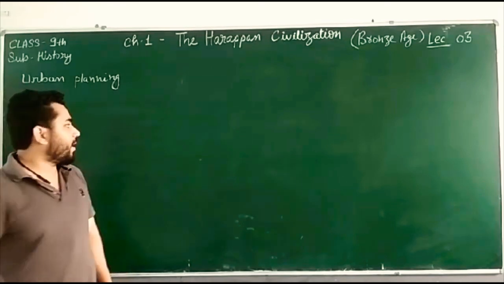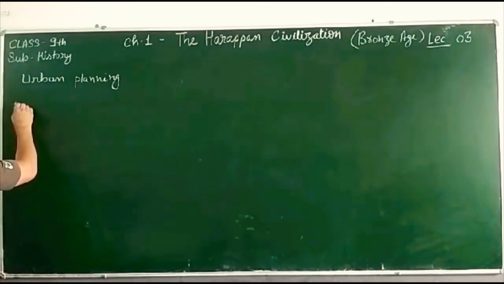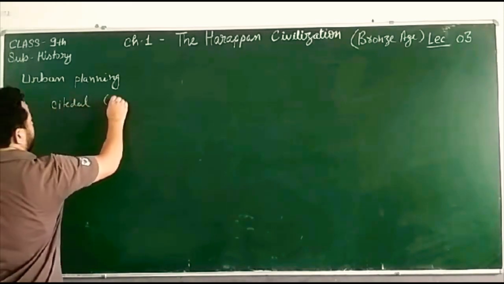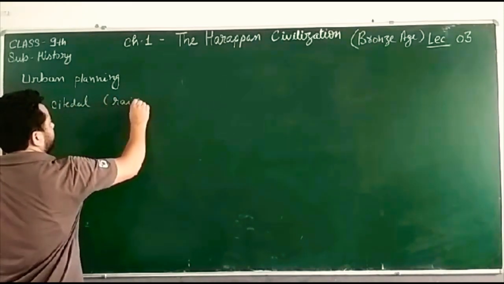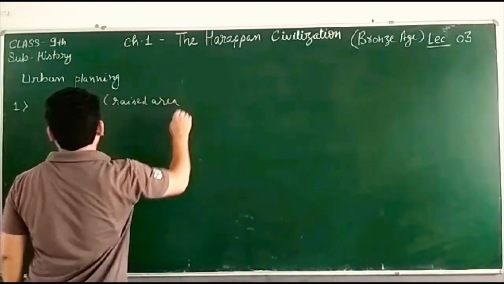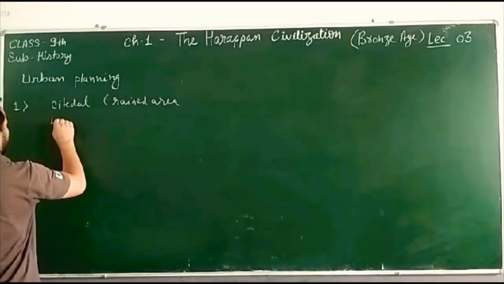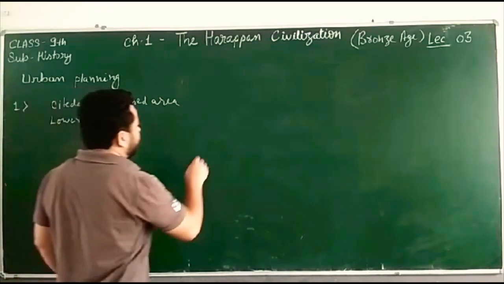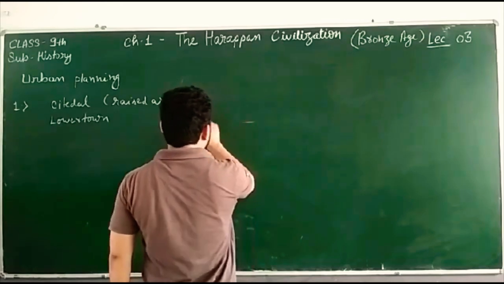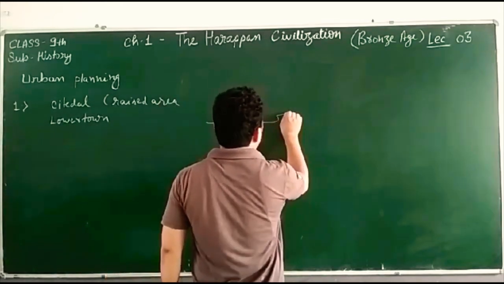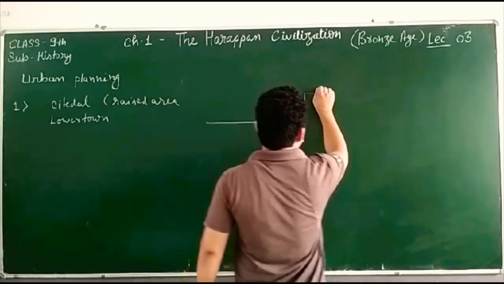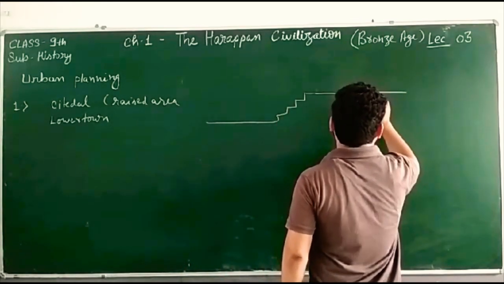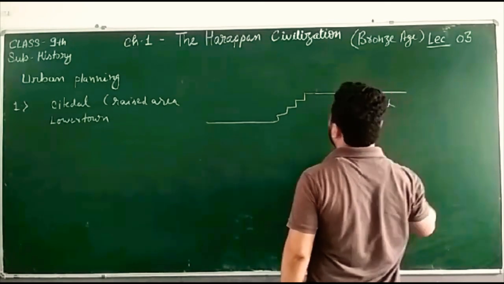First part was the citadel, which is a raised area or platform, and second was the lower town. So it was somewhat like this. It was a lower town, and then here it was the citadel, right?